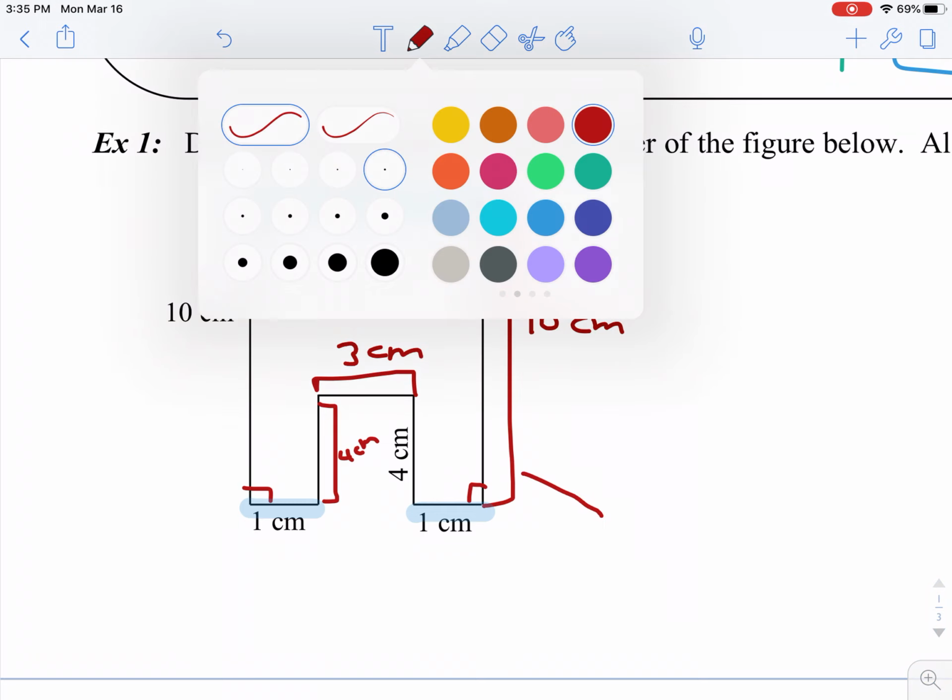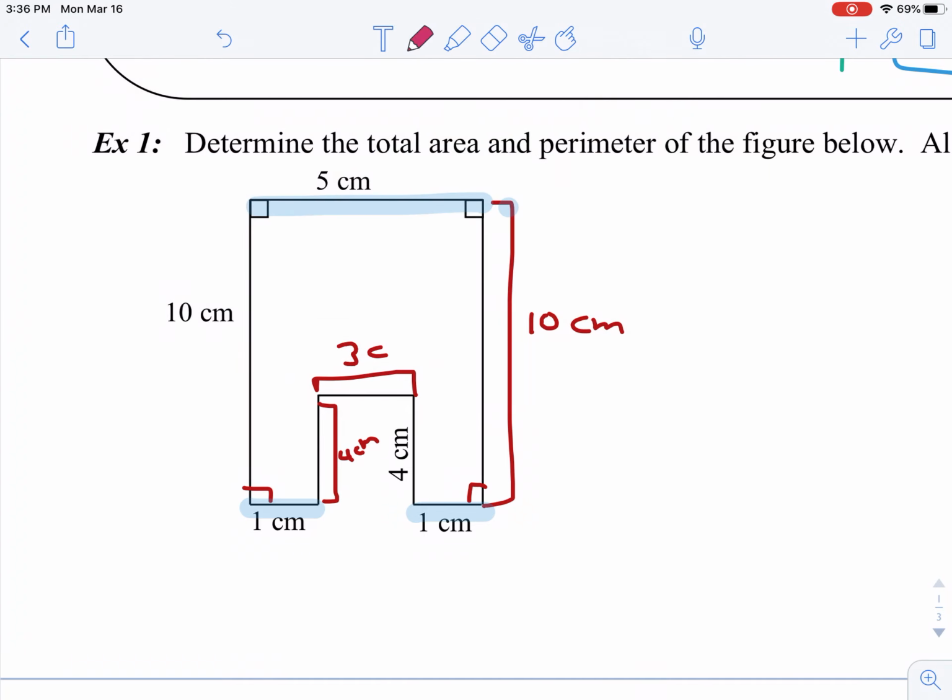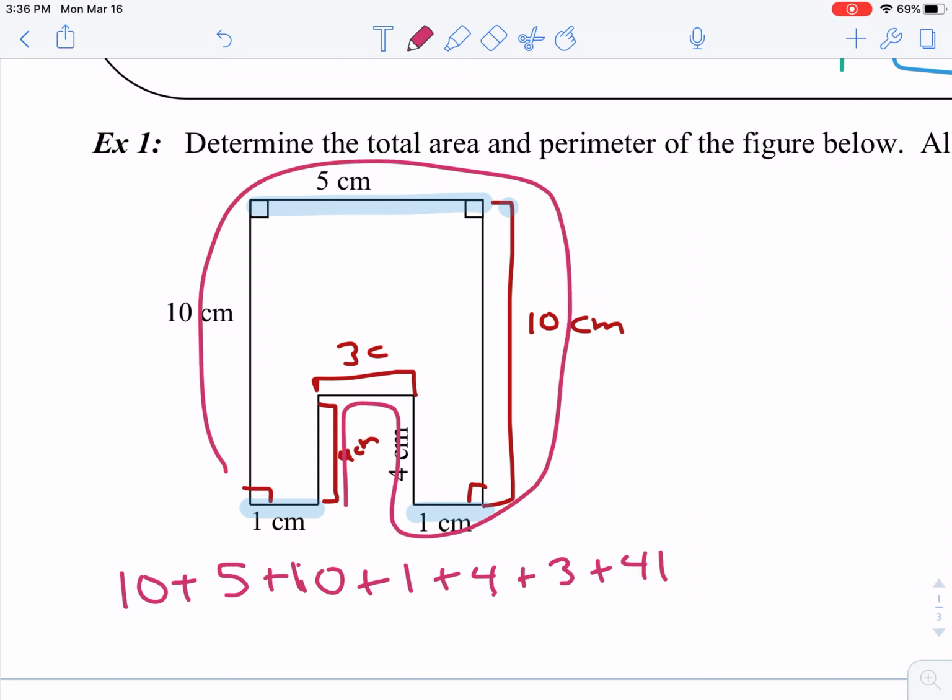So to find my perimeter, I can just add up my total distance around the shape. So 10 plus 5 plus 10 plus 1 plus 4 plus 3 plus 4 plus 1. I basically just went all the way around the shape because that was a good way for me to stay organized.